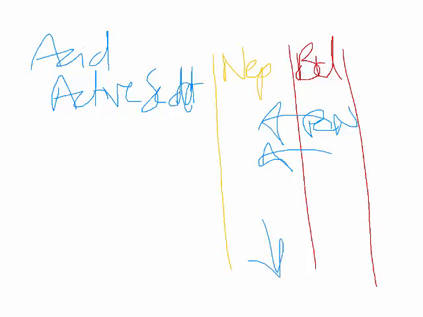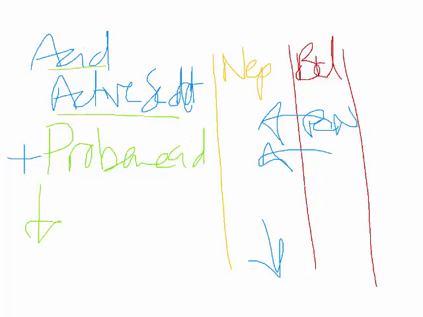If we add probenecid, which I'm going to make a different color, green, I guess. Probenecid is also an acid that is actively secreted, but has a lower KT_S than penicillin. So what's going to happen?